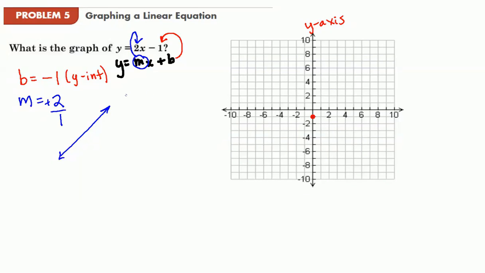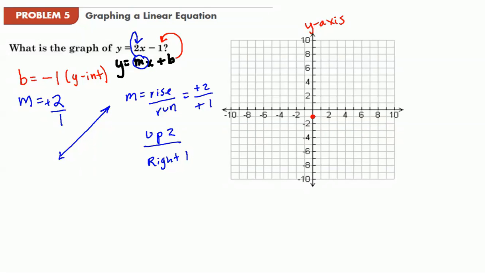That way, our slope m, for a rise and run, is really plus 2 over plus 1, because it's a positive. Remember, the run will always be positive. The rise is what's going to tell us to go either up or down. So we know we're going to be going up 2, and we're going to go to the right 1. So that's our goal here.